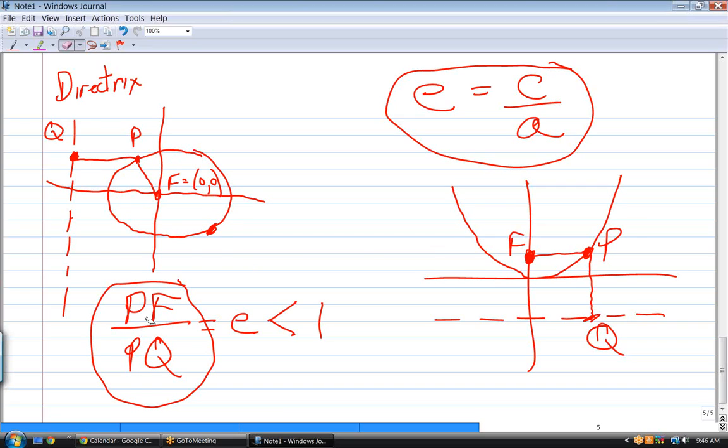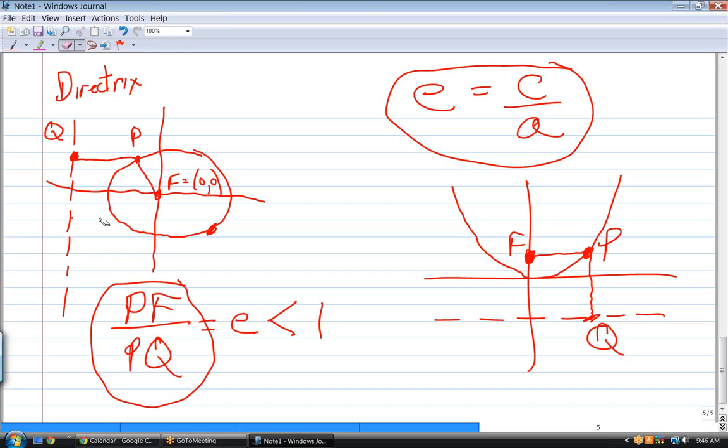It appears there's a second definition which says if you have this imaginary directrix, the distance from one focus to a point on the circumference of the ellipse is always less than the distance from that same point measured perpendicularly to this imaginary directrix.